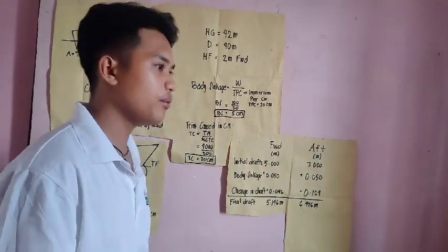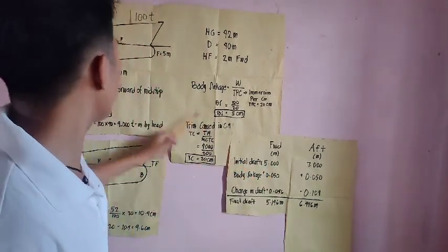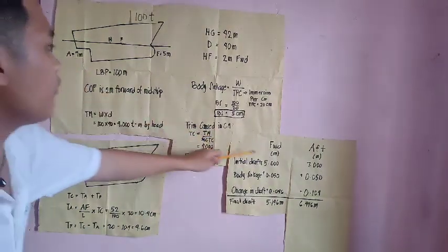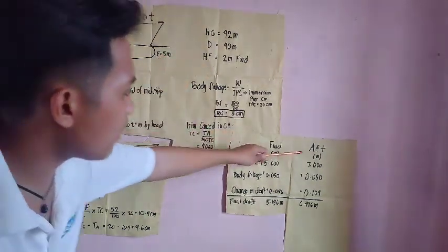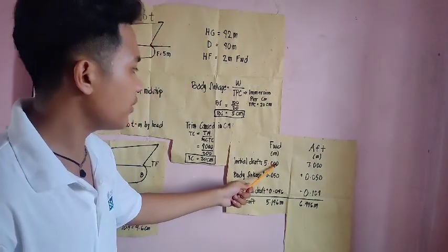If you don't know where I get this 5 and 7, I get this initial draft from here. Our forward draft is 5 meters and our aft draft is 7 meters.